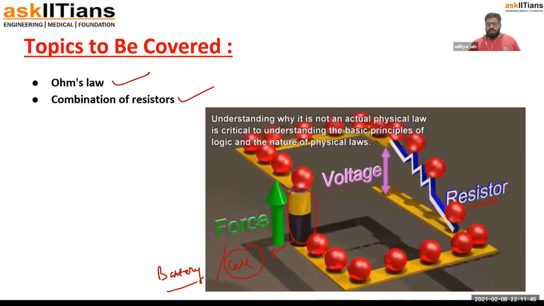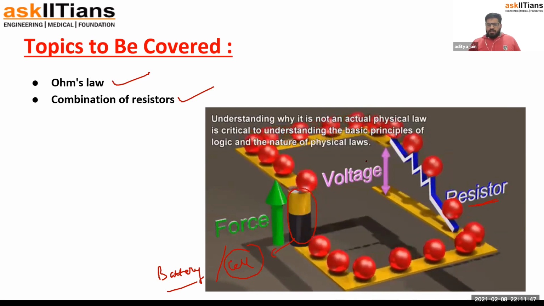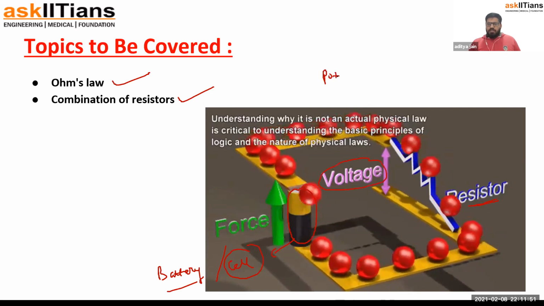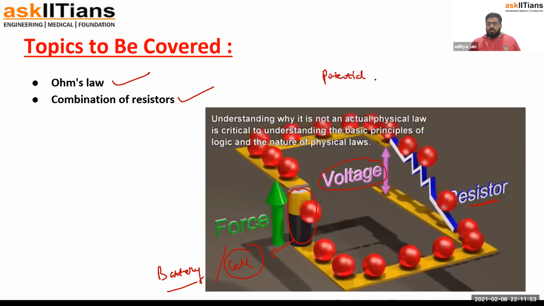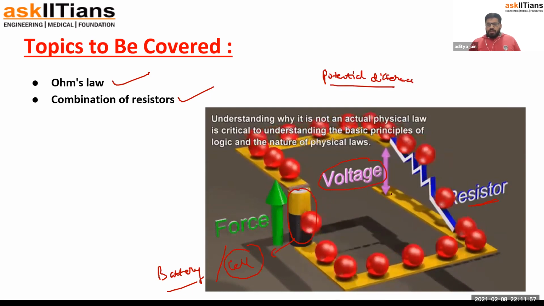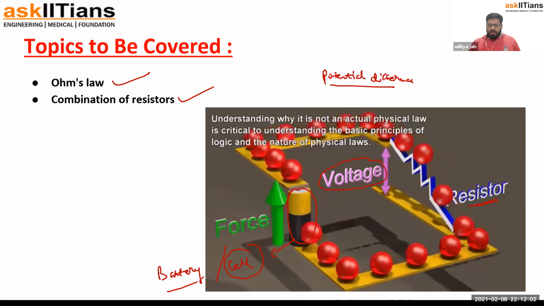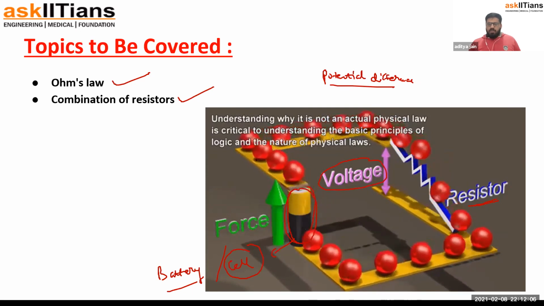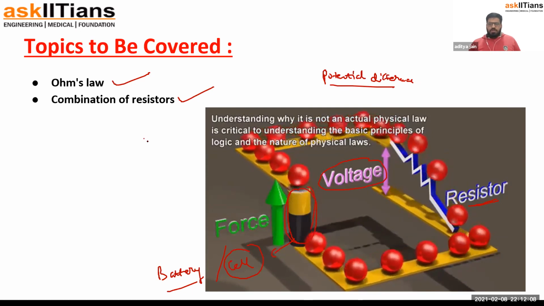This difference in height is known as voltage, or you can say potential difference. Voltage, or the potential difference, is the energy, or force, provided by the battery for the movement of these red balls. These red balls are nothing but the electrons.